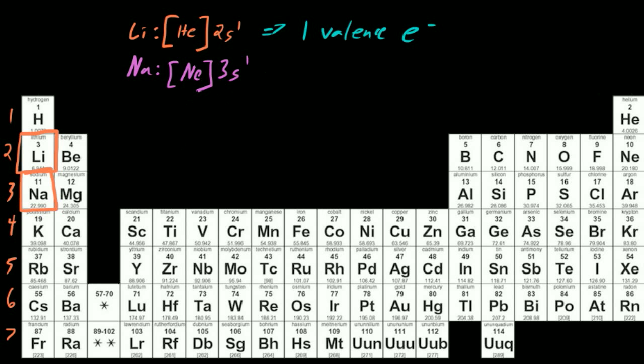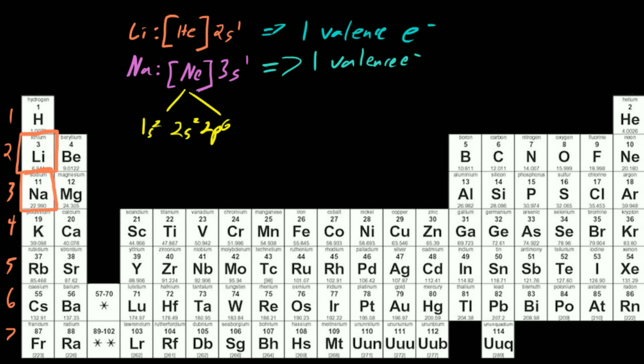Neon's electron configuration is 1s2 2s2 2p6, so there are no third level electrons. Because sodium doesn't have any third level electrons aside from this one, sodium is also going to have one valence electron. That's kind of interesting. Right on top of each other, lithium had one valence electron, sodium had one valence electron.